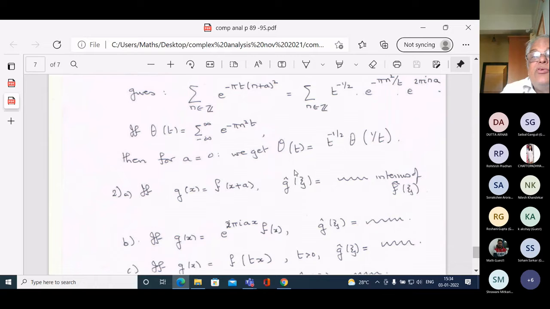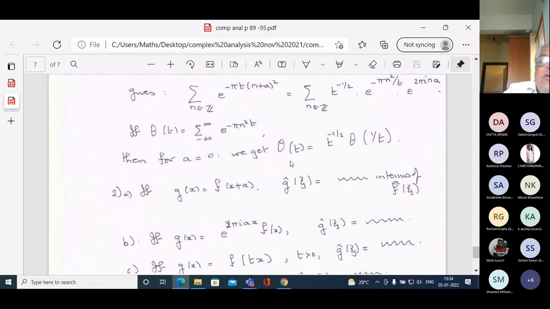I hope you understand that this is a functional equation for theta functions. That means I'm relating theta at some point t to theta at some other point. That other point turns out to be 1 over t.